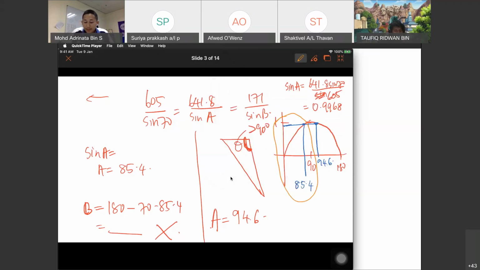So from your calculator, you will use this one. But you need to understand your figure. It is more than 90 degrees. So you need to use this one, 94.6. Then you can find your A is equals to 94.6. B is equals to B 15 earlier. Remember.